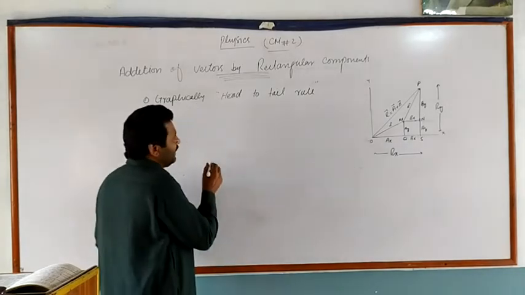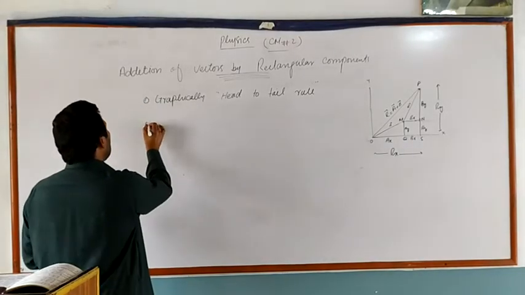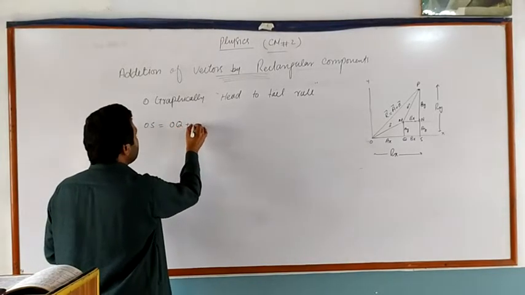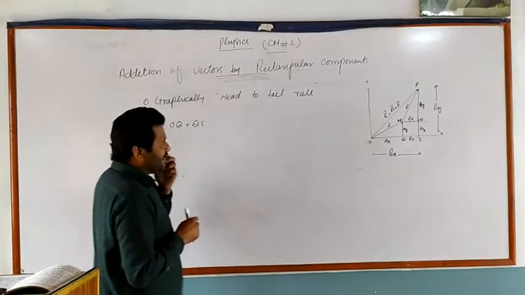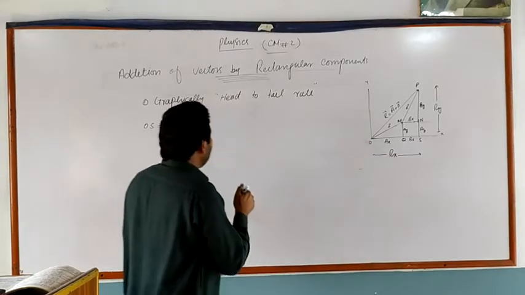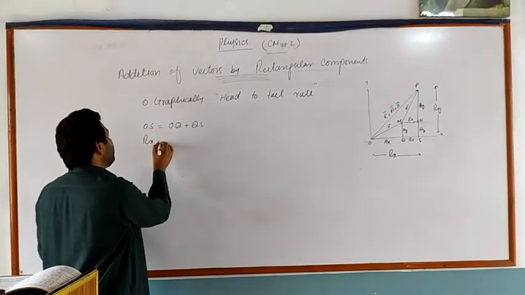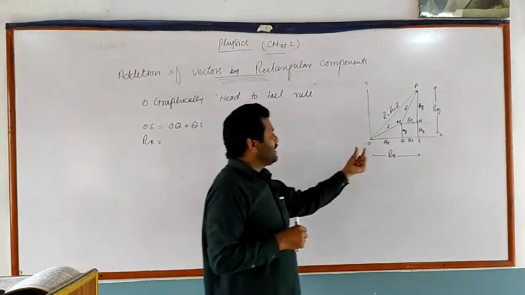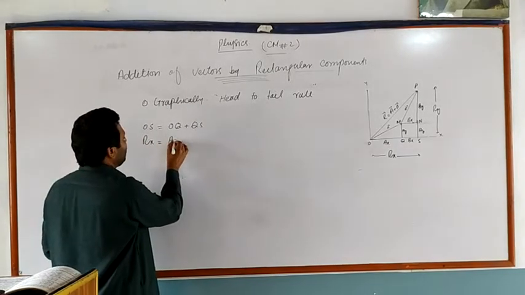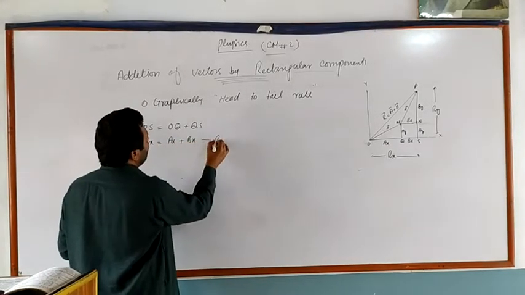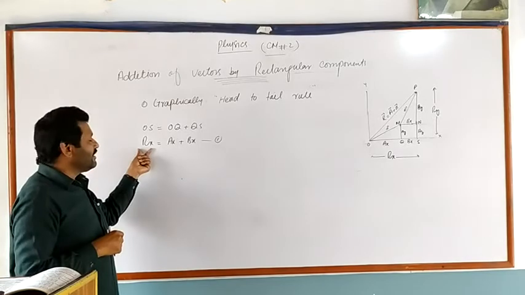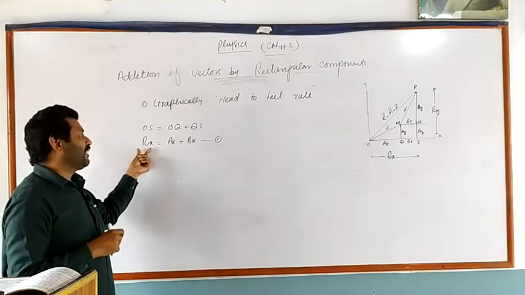It is clear from the figure that the distance from O to S is equal to OQ plus QS. The distance from O to S is represented by Rx, so Rx is equal to OQ, which is Ax, plus QS, which is Bx. Putting the values, Rx is equal to Ax plus Bx. Here Rx is the x component of vector R.